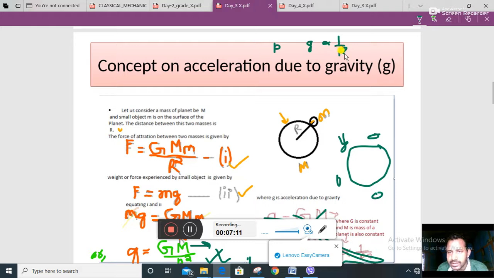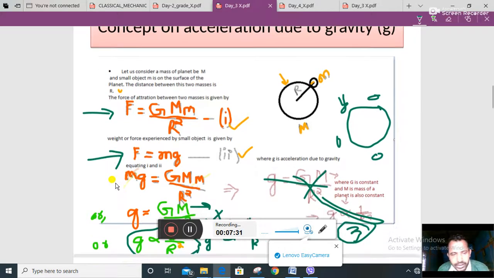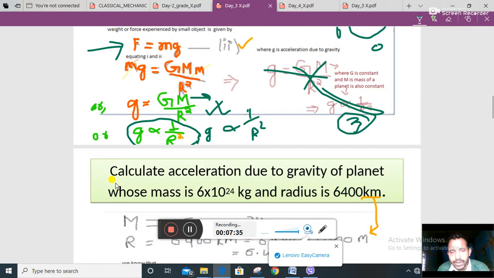I think it is clear now. The main thing in today's class is proving g is inversely proportional to 1 by r square. We took two formulas, F equals the gravity formula and the concept of weight, and we equated both, and we got acceleration due to gravity is inversely proportional to 1 by r square.